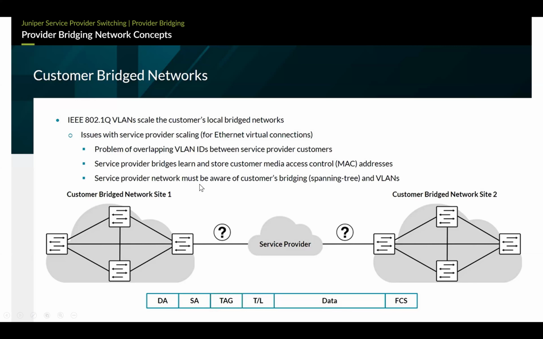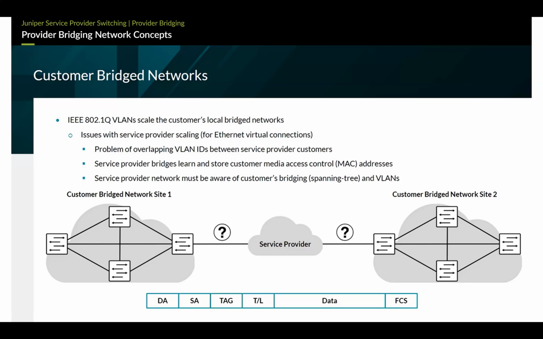That is true. Okay. Service provider network must be aware of customer bridging, that means spanning tree and VLANs. Spanning tree and VLANs. You know the spanning tree is of multiple types. So customer can use RSTP or MSTP or like default STP.